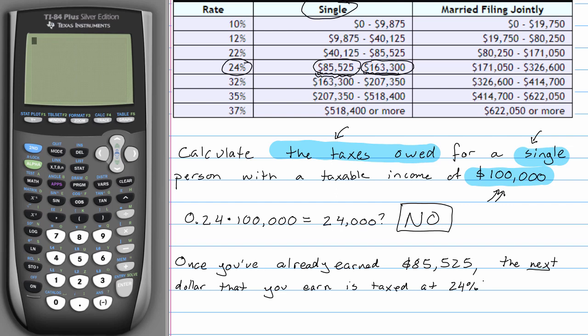So the only money that's taxed at 24% is the part that's beyond $85,525. Now, the bad news is that makes this harder to calculate.